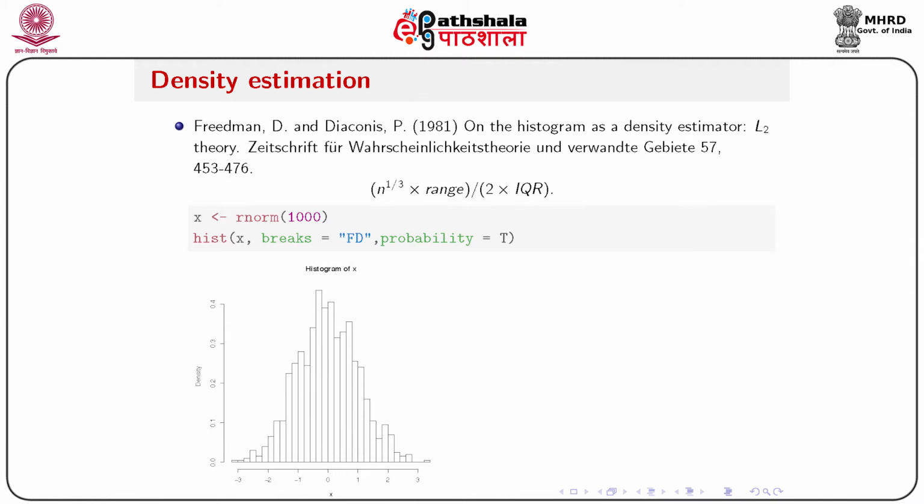Then the density estimate for Freedman-Diaconis is 1981, Freedman et al., on the histogram as a density estimator, L2 theory. This can be done by just mentioning breaks equals FD, instead of Sturges, in the same call.